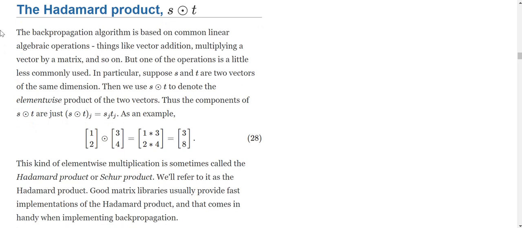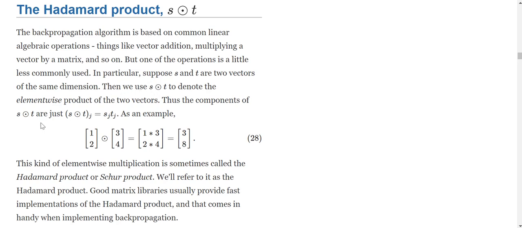Okay, so now we have the Hadamard product. The backpropagation algorithm is based on common linear algebraic operations, things like vector addition, multiplying a vector by a matrix, and so on. But one of the operations is a little less commonly used. In particular, suppose s and t are two vectors of the same dimension, then we use s Hadamard t to denote the element-wise product of the two vectors.